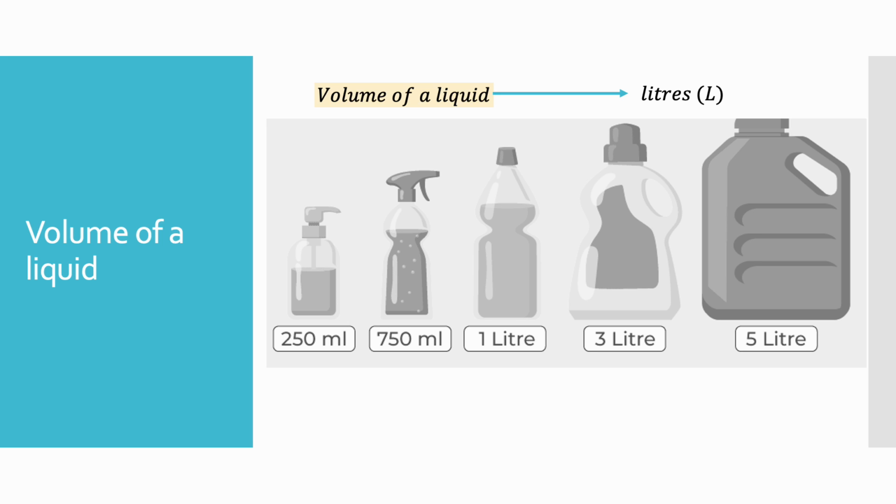A water spray bottle could be 750 milliliters or even 1 liter. A detergent container might be 3 liters or even 5 liters. So the volume of a liquid tells us how much space it takes up, and we usually write it in liters or milliliters.